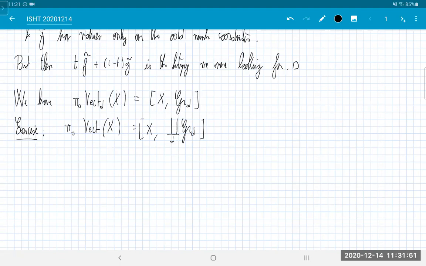That's because in each connected component, a vector bundle has a well-defined rank, since the rank is locally constant. And you know that every map like these factors through one of these summands on each connected component.